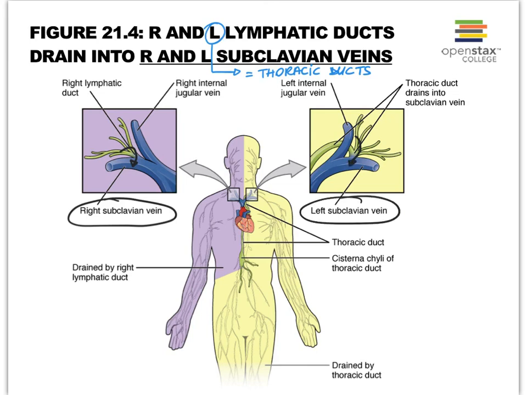So the right and the left subclavian veins are the ones that collect all of the lymph in the body, and they're of course going to merge with the brachiocephalic veins and then return the blood with that lymph to the heart's right atrium.